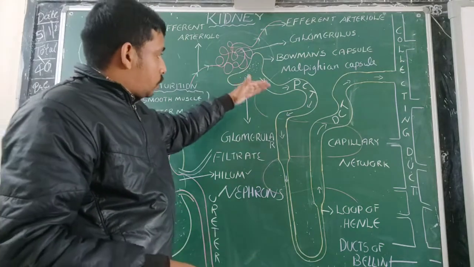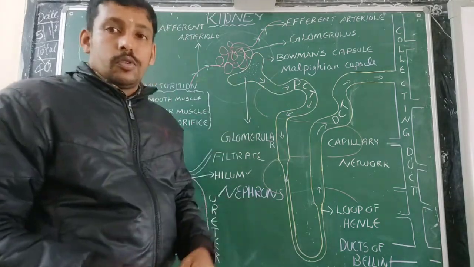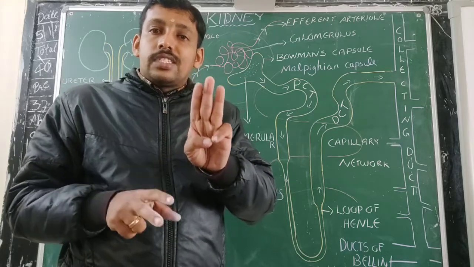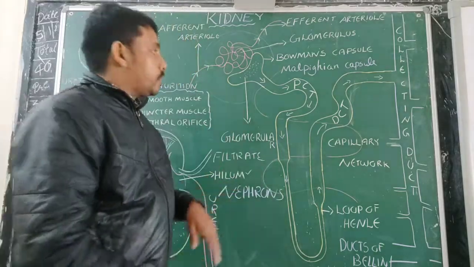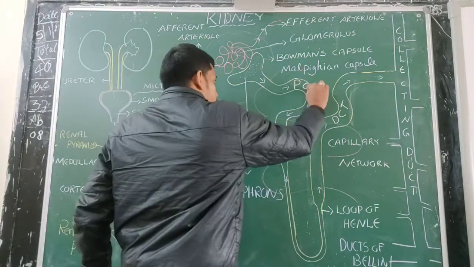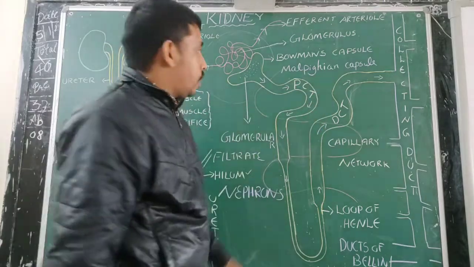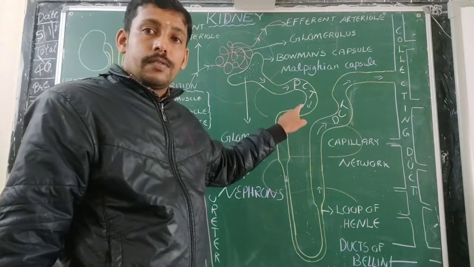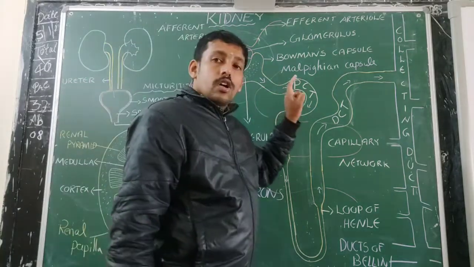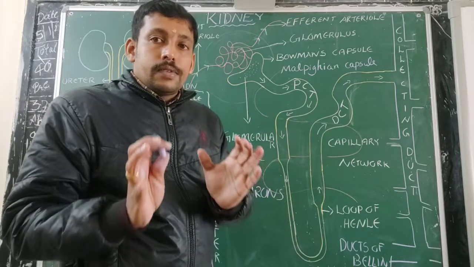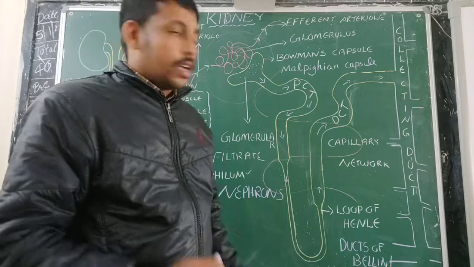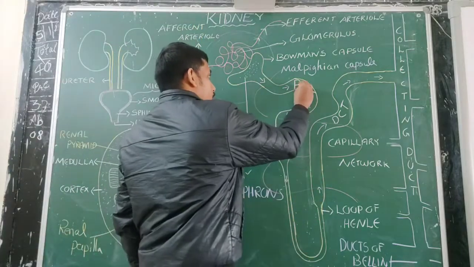Then we are coming to the next part, that is the renal tubule. The renal tubule has mainly three distinct areas. The first coiled region is known as the proximal convoluted tubule. The next coiled region is known as the distal convoluted tubule.